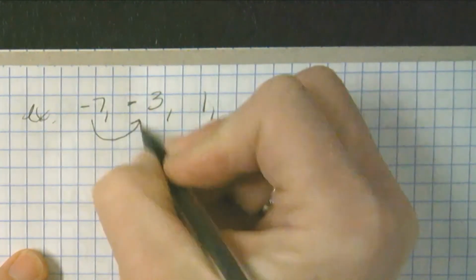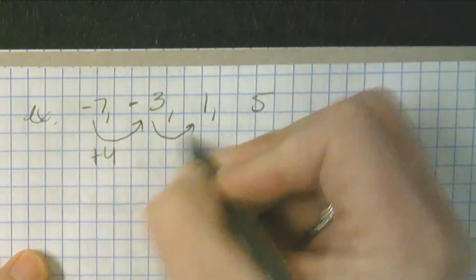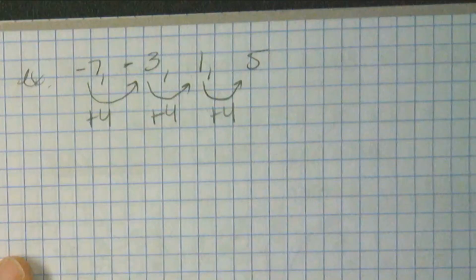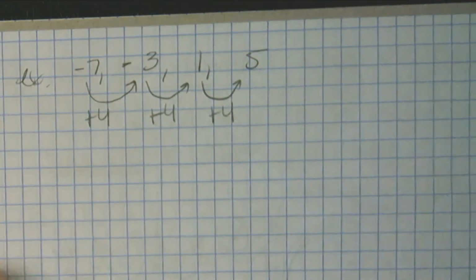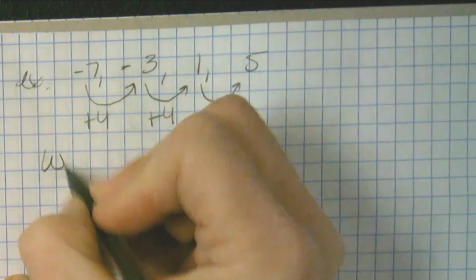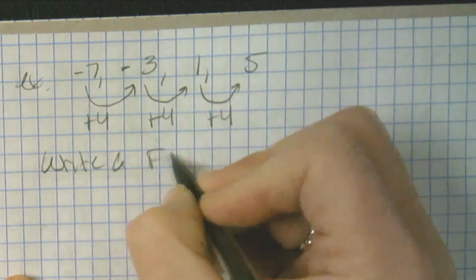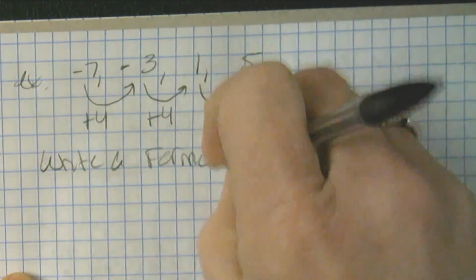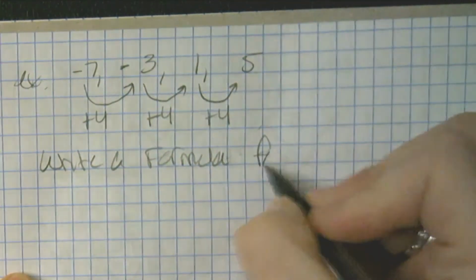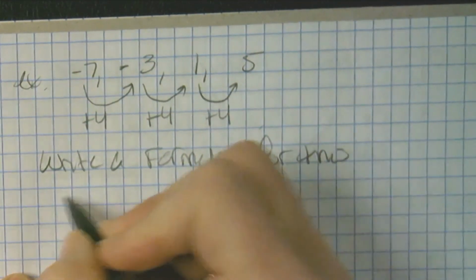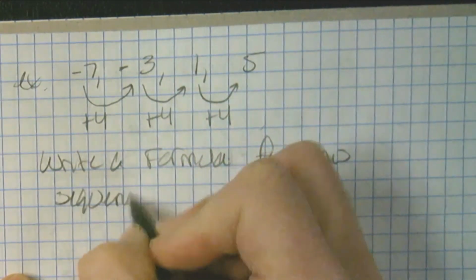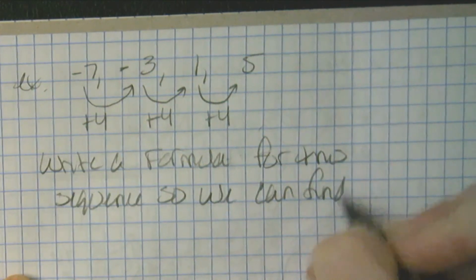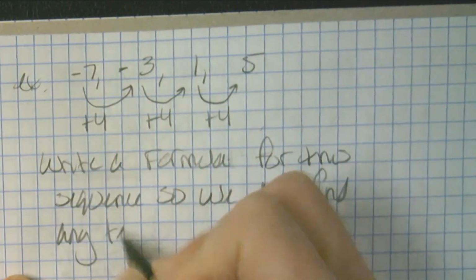So we already determined that we were adding 4 each time. All right, so what I want to do is I want to write a formula for this sequence. So we can find any term in the sequence.